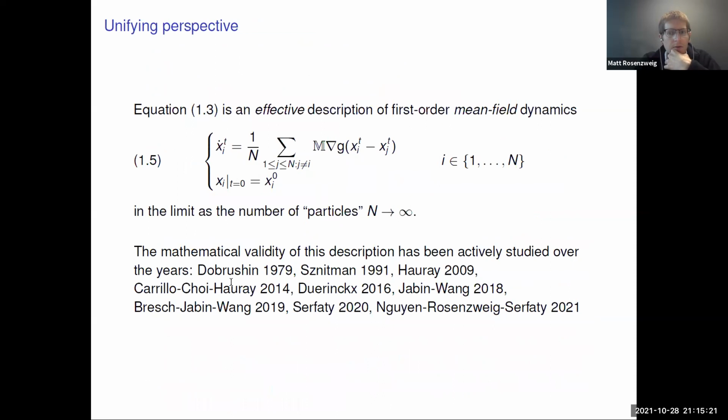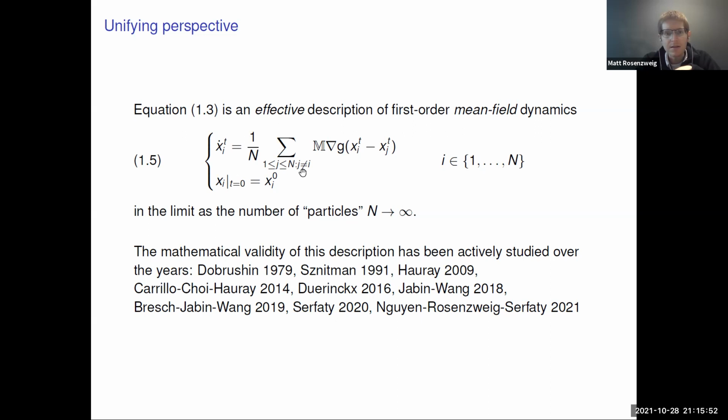So, these applications may seem rather disparate, but perhaps a unifying perspective to keep in mind behind this model is that really this is a mean field model. It's an effective description for first-order mean field dynamics of the form 1.5. So you have a system of n particles that evolves according to these ODEs right here, and you want to study its limiting behavior as the number of particles goes to infinity.